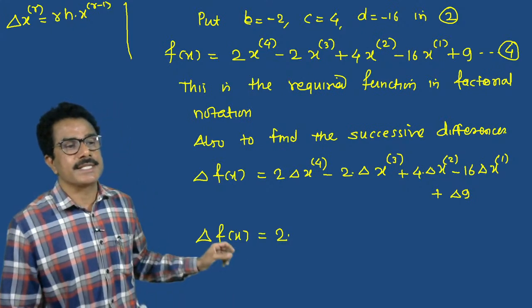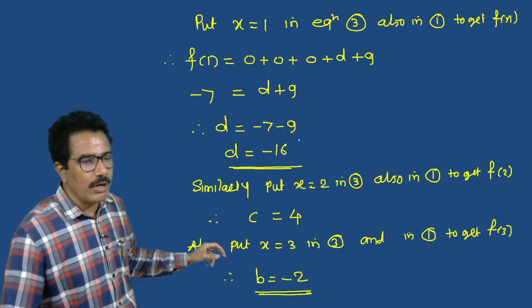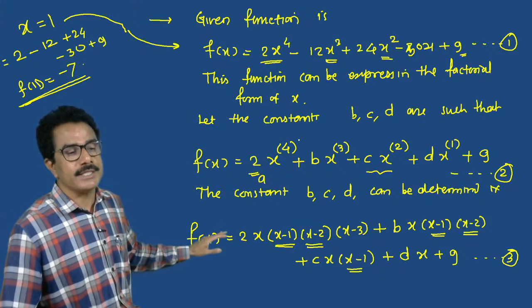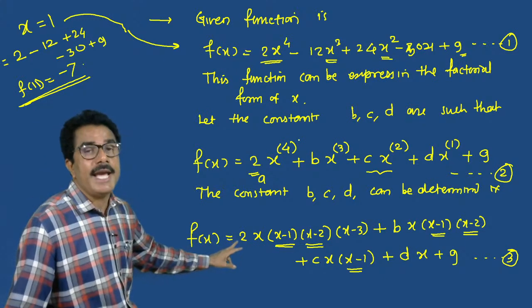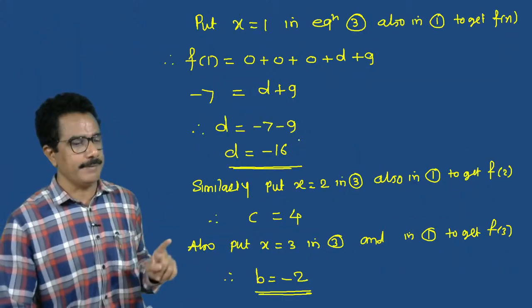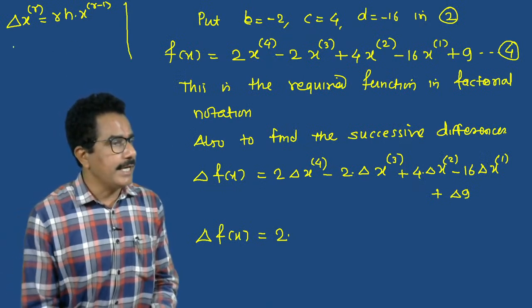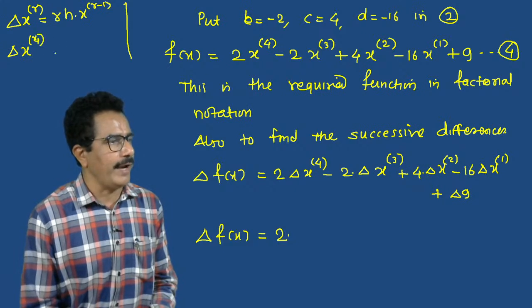But in this case, h is 1 because here in this problem, h is considered as 1 because we have taken differencing as x minus 1, x minus 2, which means h is 1. So we can write delta x raised to 4 factorial.